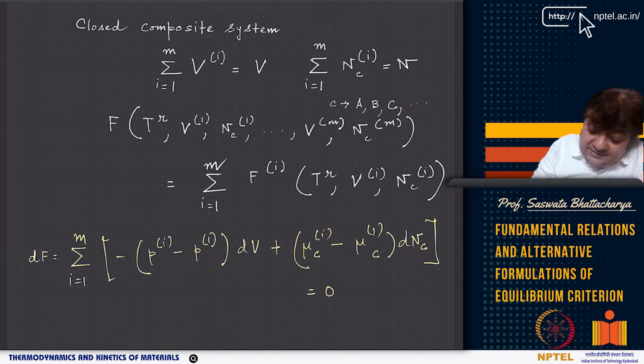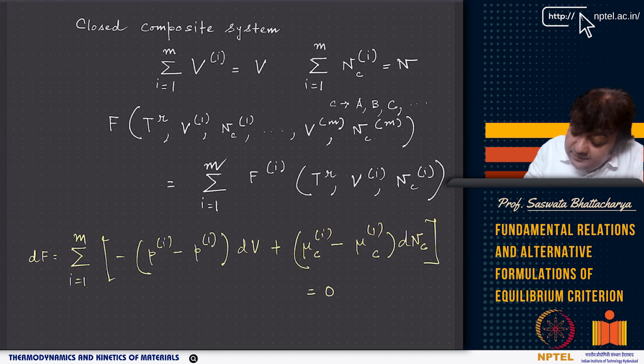Okay, so if you look at a closed composite system now, you have this knowledge. There are M subsystems, and for each subsystem you have some volume. The summation of these subsystem volumes is equal to the total volume, which does not change.